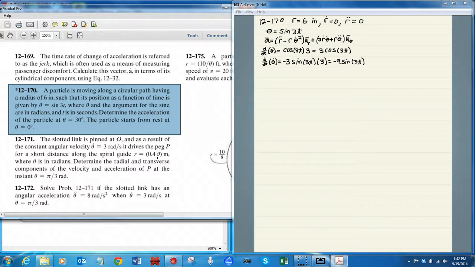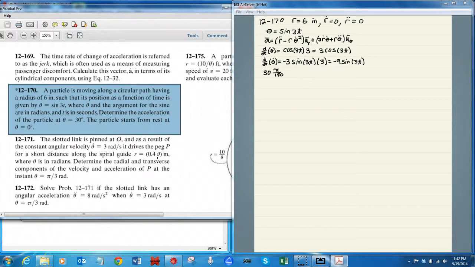Okay, in order to have these values, I need to have the value of time, which I don't have, but they do tell me that the time they're interested in is when theta is equal to 30 degrees. So I'm going to say 30 degrees. And because the equation for theta is in radians, I need to convert 30 degrees into radians. So I say, well, there's pi radians in 180 degrees.